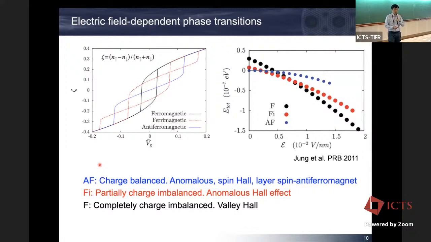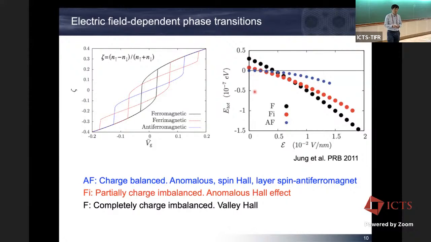We have equal charging of the top and bottom layer, but each one of the pseudospins is polarized up and down, such that the charge density cancels exactly. So when we look at this graph on the right-hand side, we expect that the antiferromagnetic phase should be minimum in energy, as it is here. This is the blue curve.